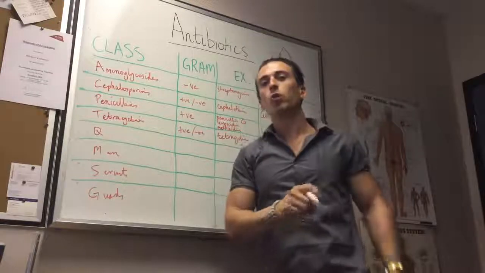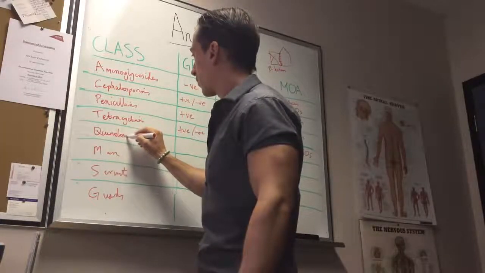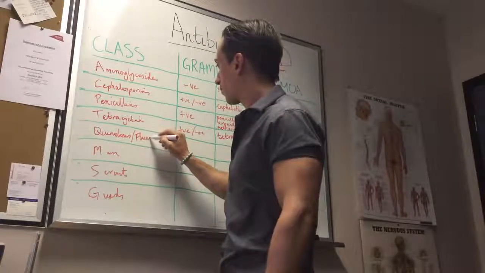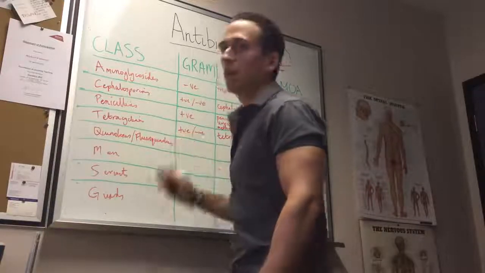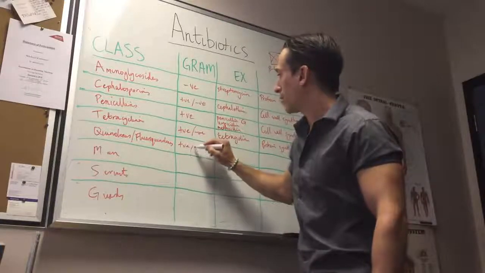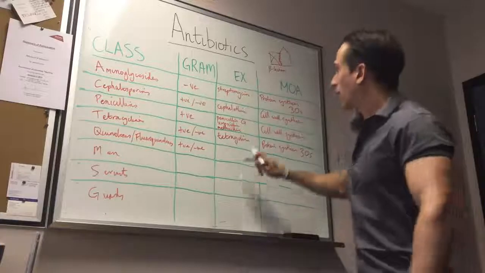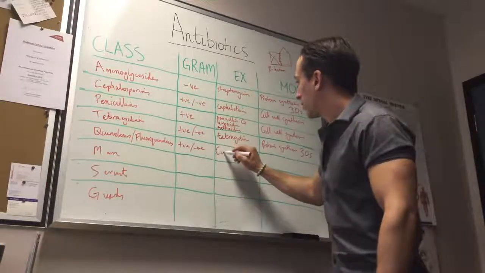Let's move on to the Q. Q is quinolones and fluoroquinolones. The quinolones and fluoroquinolones affect, again, both gram-positive and gram-negative bacteria, and one of the examples is ciprofloxacin.